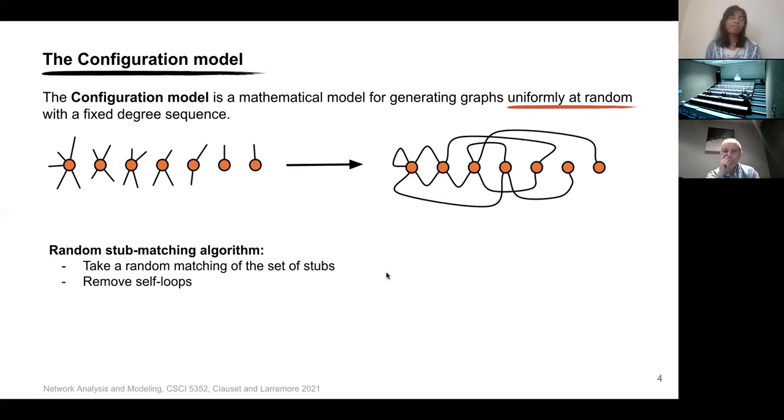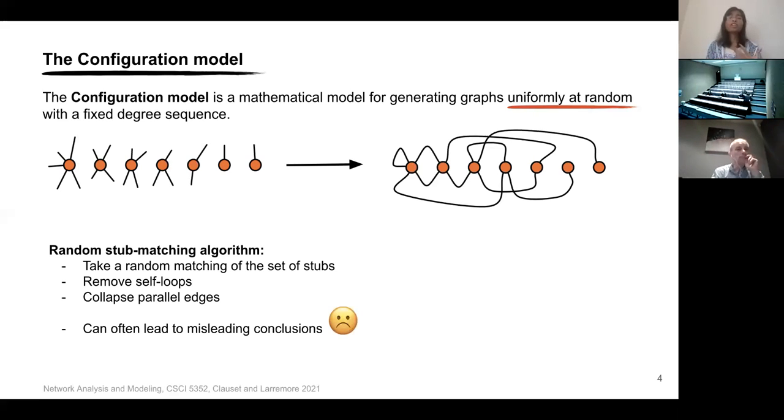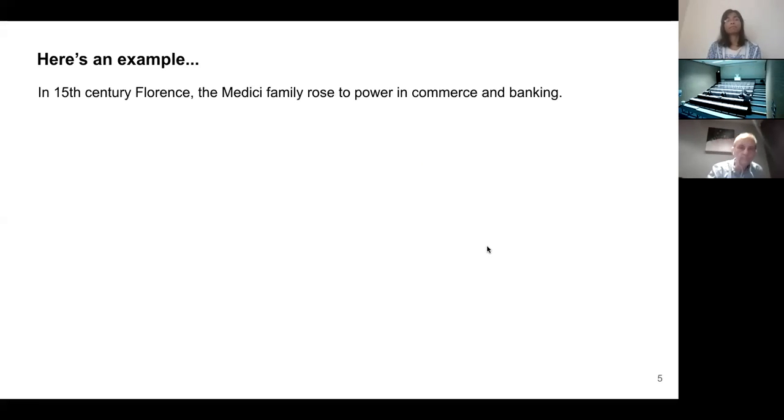What people often do is remove self-loops and collapse the multi-edges to simplify the network. But that clearly changes the degree distribution, right? The degrees are not the same after that. It also introduces other biases in the sampling process, which can often lead to incorrect conclusions about how well the degree sequence alone is able to explain the observed network statistic. So let's look at an example for that.